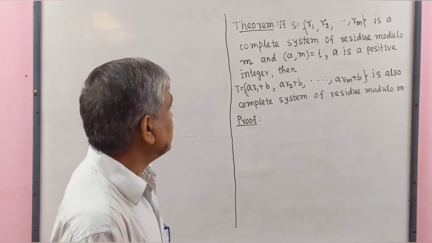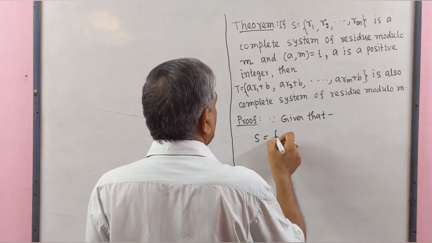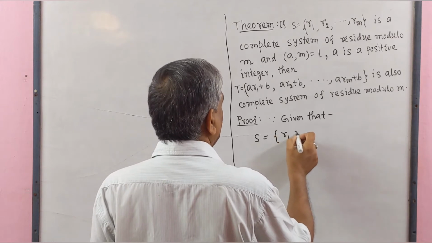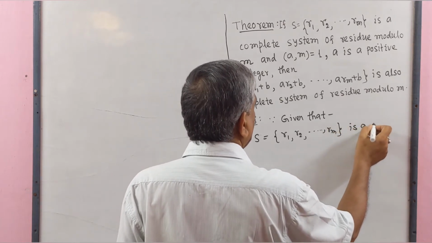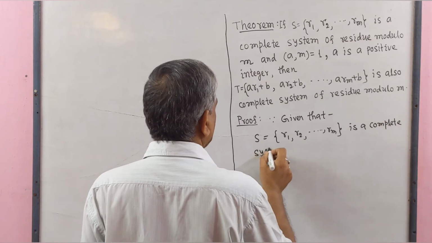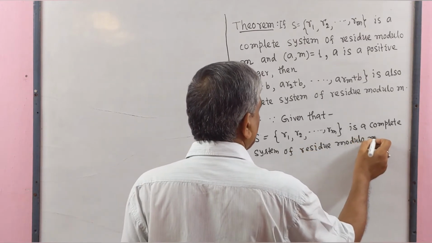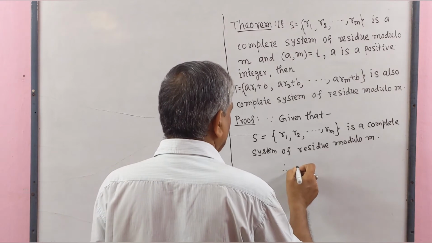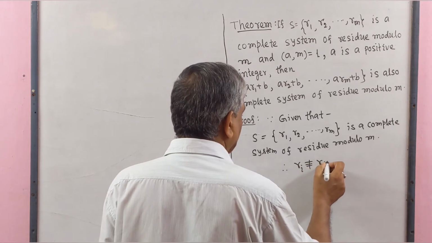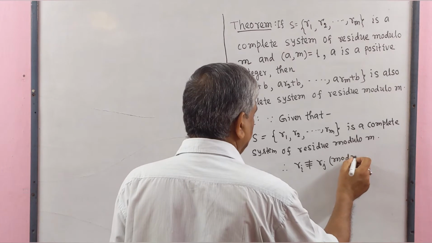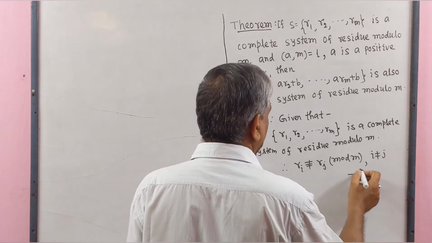Now we prove this. Since given that S equal to a set containing elements R1, R2, ..., Rm is a complete system of residue modulo M, therefore Ri is not congruent to Rj modulo M when I not equal to J. Let this be number 1.